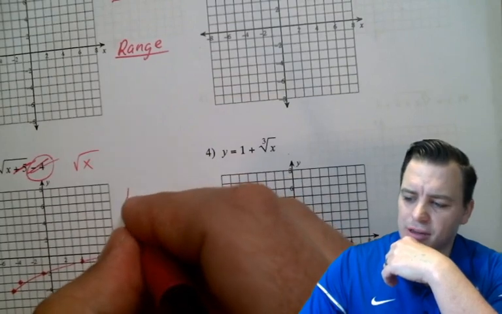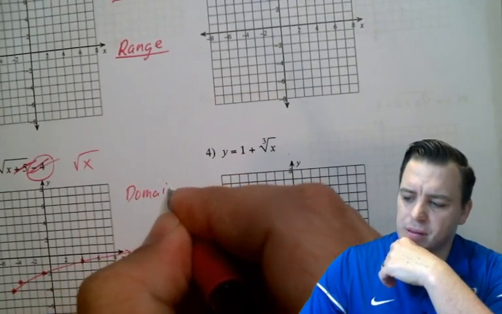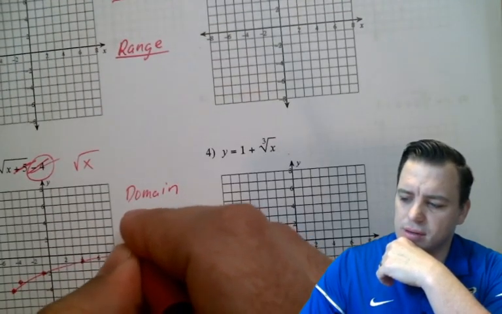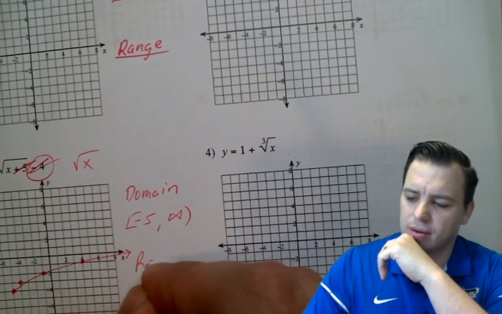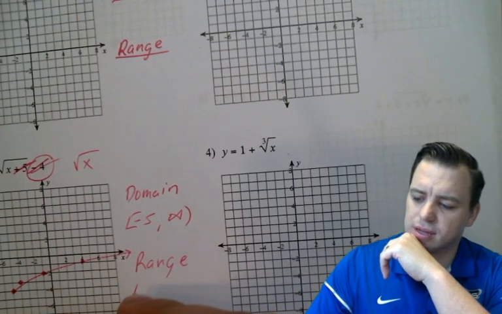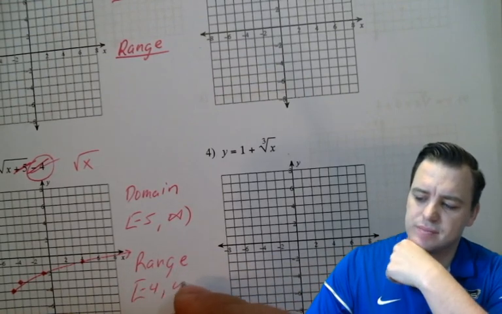And then my domain is from -5, and it includes -5, to infinity. My range is from -4 to infinity.